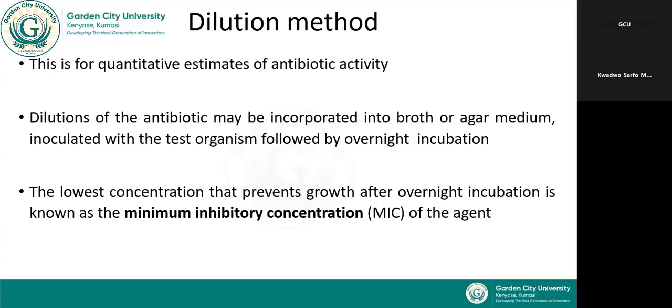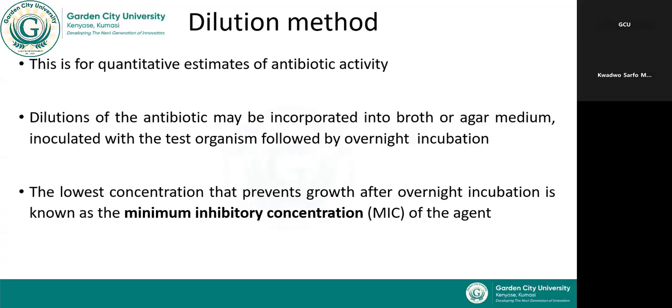And here we use antibiotics of different concentrations. So if it's Cipro, it can be prepared, and then we have different test tubes with different concentrations of the Cipro, from low to high concentration in different tubes.